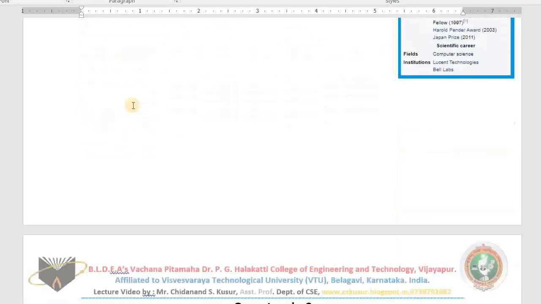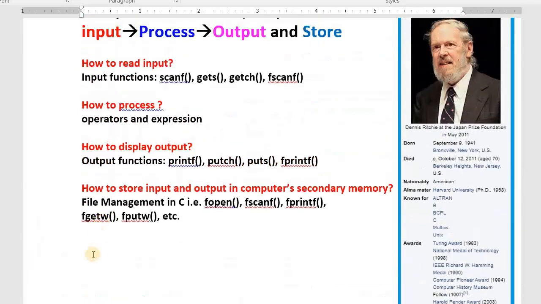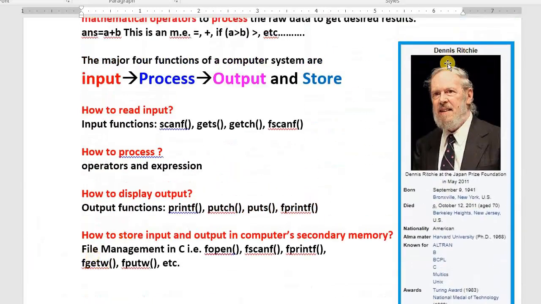Okay, I continue with today's topic, and you can see the photograph of the developer of C language, Dennis Ritchie. Dennis Ritchie at the Japan Prize Foundation in May 2011, born September 9, 1941, in Newark, US. He passed away on October 12, 2011. Nationality American.